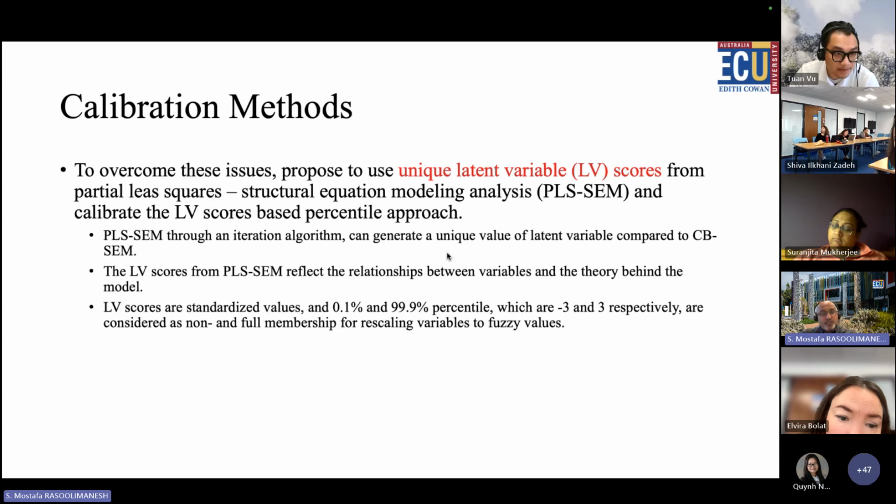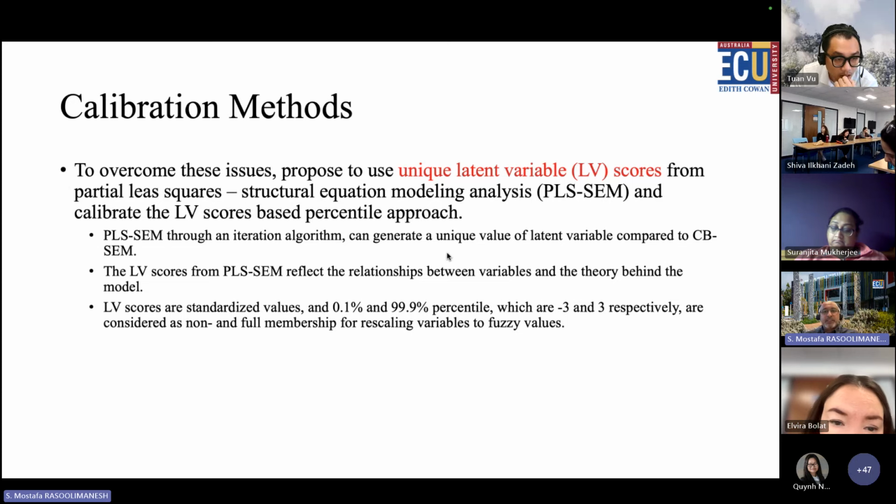Because of this, in combination with PLS-SEM, we propose another method, and we recommend using the latent variable score from PLS-SEM. PLS-SEM can create a unique latent variable score, different from CB-SEM, where we don't have a unique latent variable score.